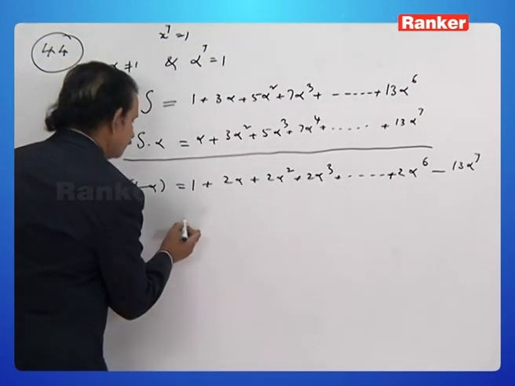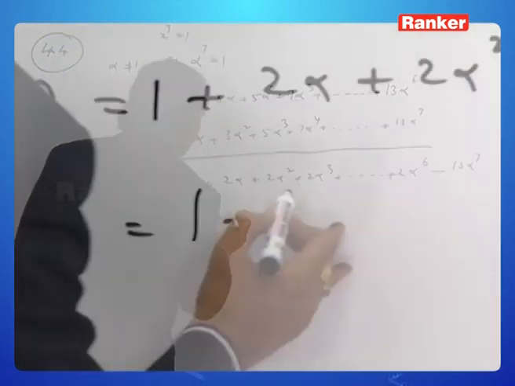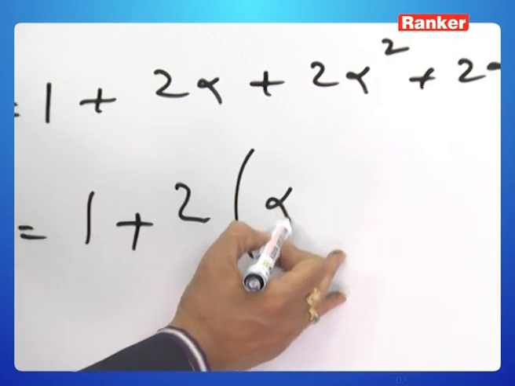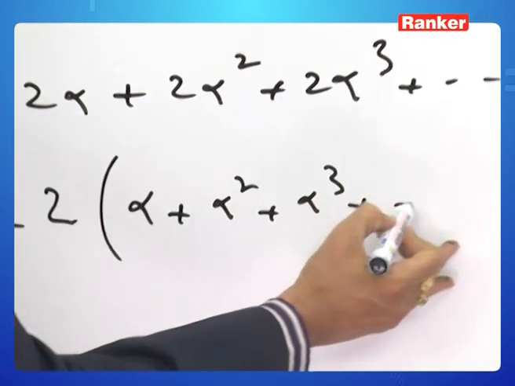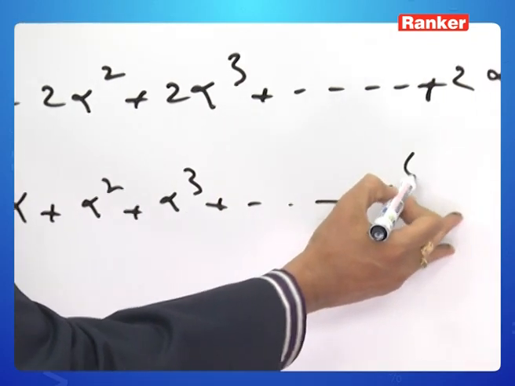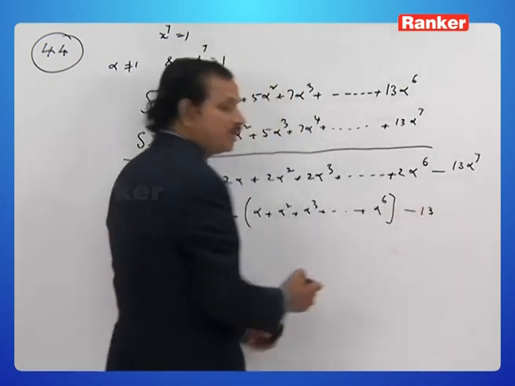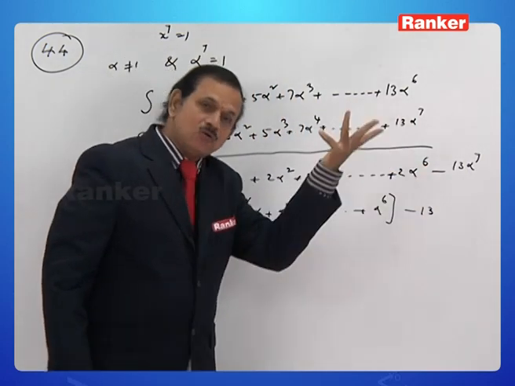This is equal to 1 plus, let me get 2 as a common factor, alpha plus alpha square plus alpha cube and so on, alpha power 6 minus 13. Well, where does that alpha power 7 go?